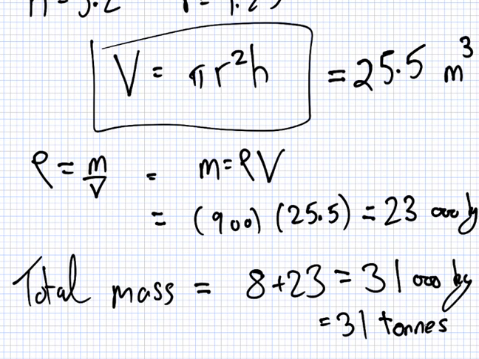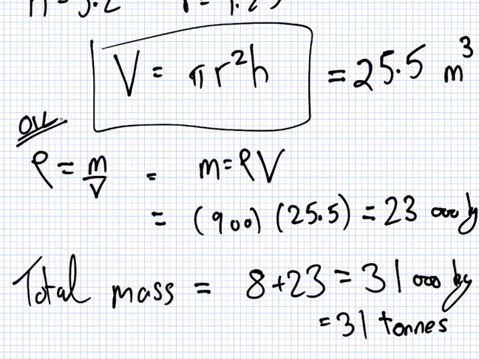And then the cargo is filled with oil in the tank. And when it's full of oil, the oil is 23 tons. So in total, it's 31 tons. So when the truck is empty, it's only 8, and when the truck is full of oil, it's 31. That's the A part, is it?